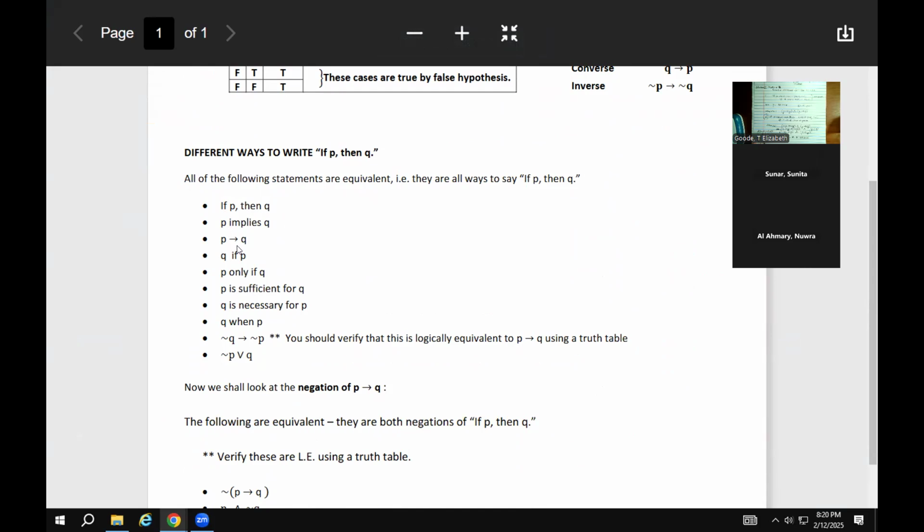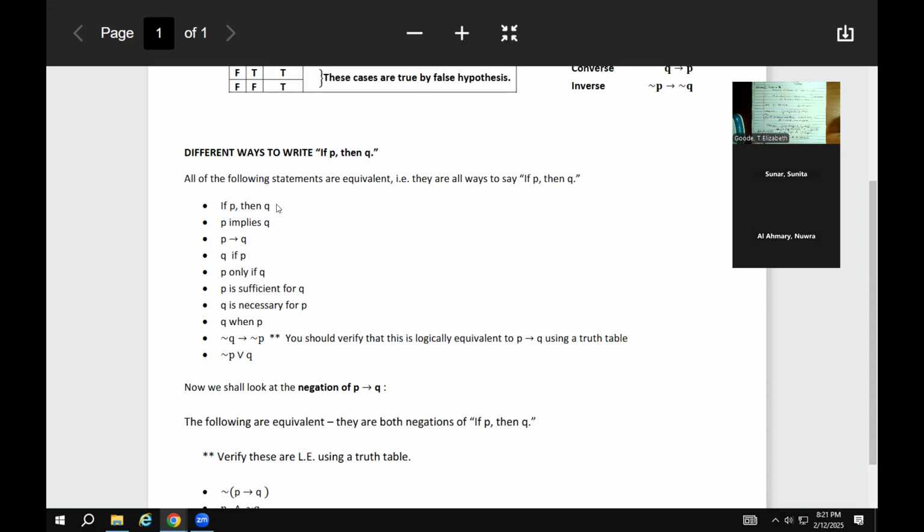But there are other ways to say if P then Q. One way is to say Q if P. Another way to say if P then Q is to say P only if Q. The intuition behind that is this.